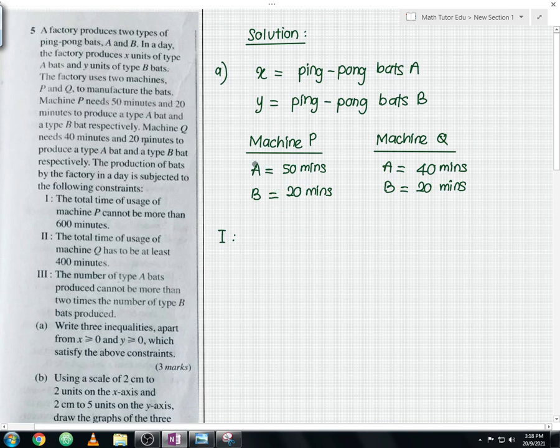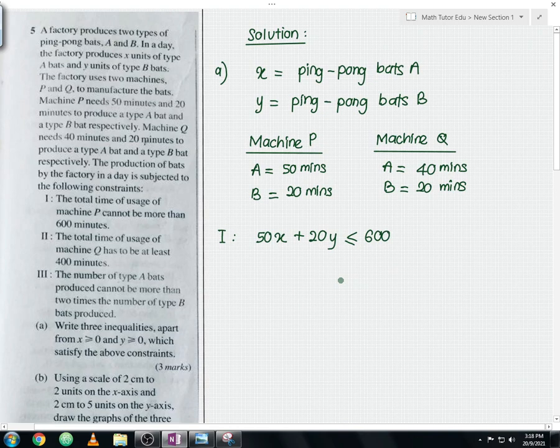Since A is representing X and B is representing Y, your equation will be 50x plus 20y. It cannot be more than 600 minutes, so the maximum value is 600, and it should be less than or equal to 600.